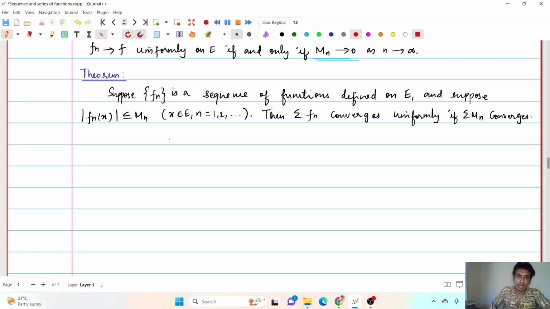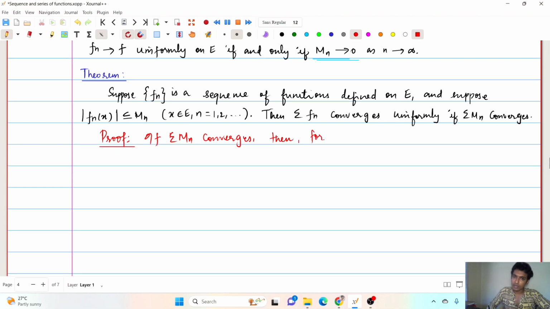We are not going to prove this completely, maybe a hint will work. Suppose summation Mn converges, then since it is a series of positive real numbers, it has to satisfy the Cauchy criterion, right?